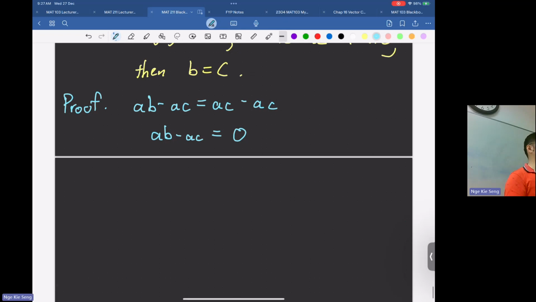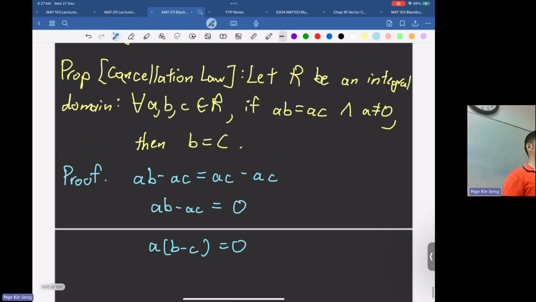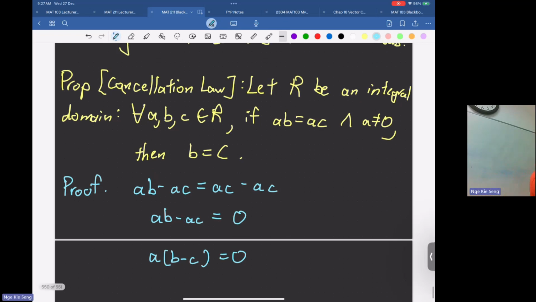You can distribute the A out. And then, because you are in an integral domain, two things multiplying to 0 means A must be 0 or B minus C must be 0. But you are told that A is not 0.